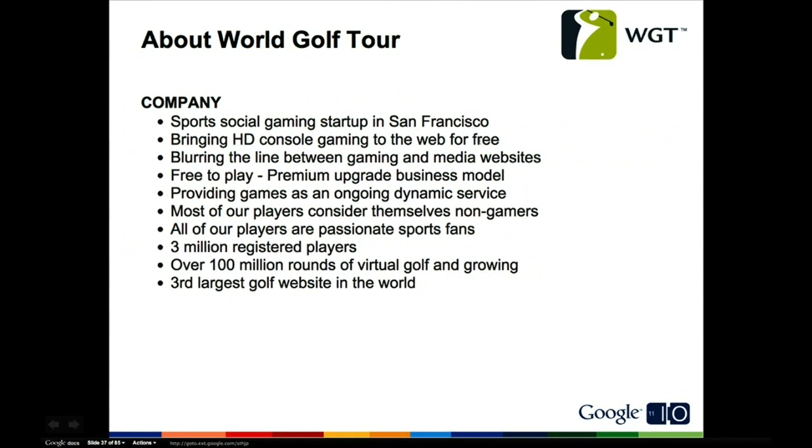So that formula has worked out really well for us to be able to bring the accessibility of the web with the production qualities and large budgets of the big game publishers. We have over 3 million registered users now. We're the largest golfing game online property there is. And we've been able to merge the game with a more traditional online media model in that now we're the #3 largest website for golf in the world also.